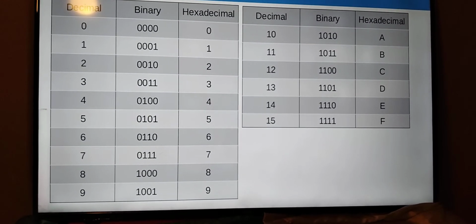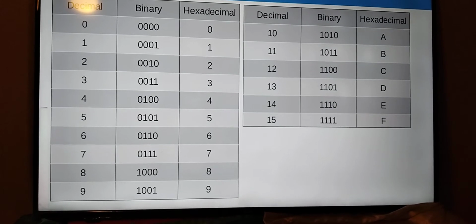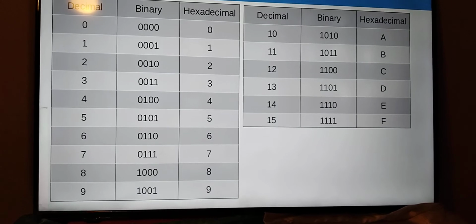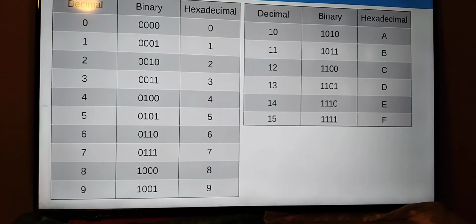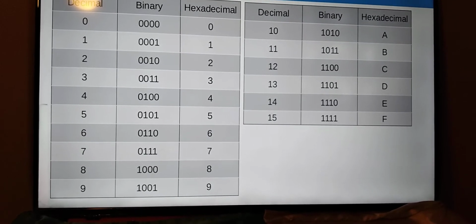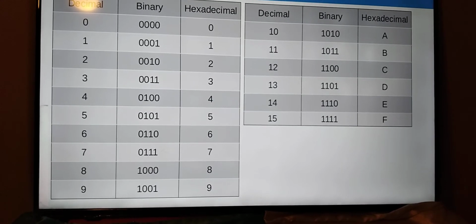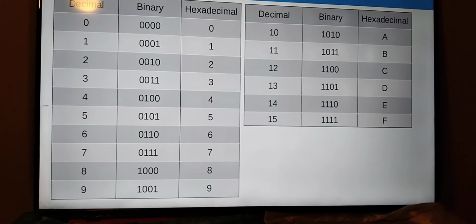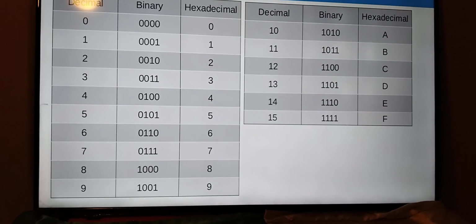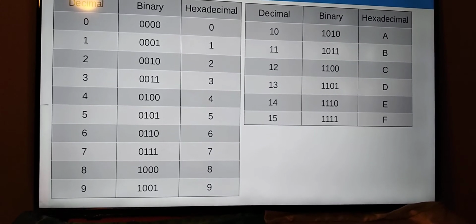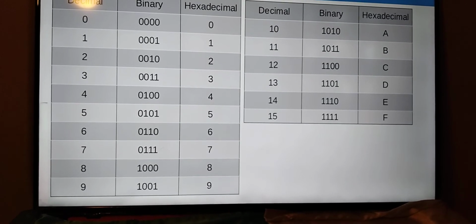Instead of writing a 10, we write A for that 10. And for 14, we write the letter E. So A, B, C, D, E, F, which is what you see on the screen to your right.